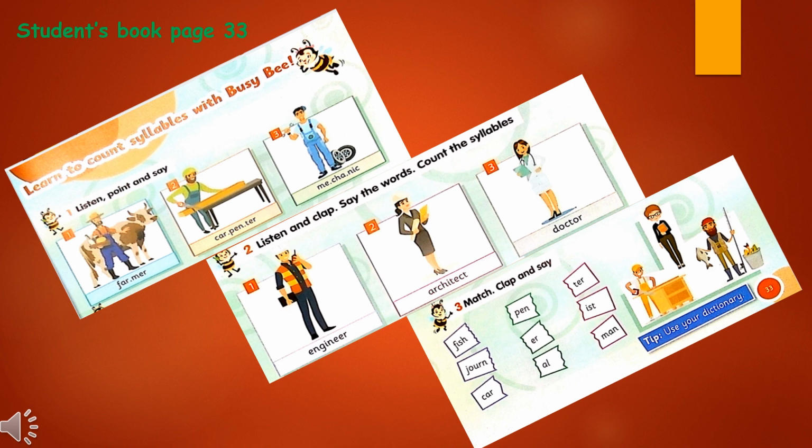Let's see architect. Architect. How many syllables? 3, yes. A and R, one syllable. CHI, the second one, and TECT are the third one.